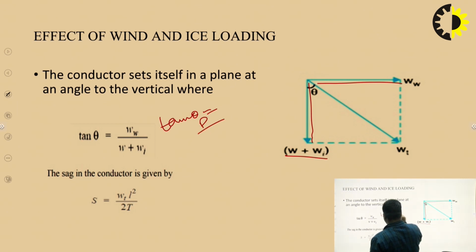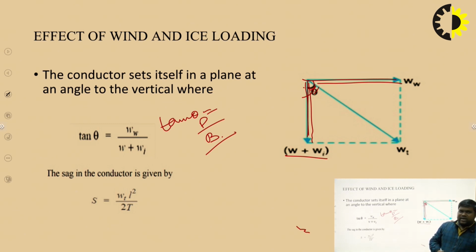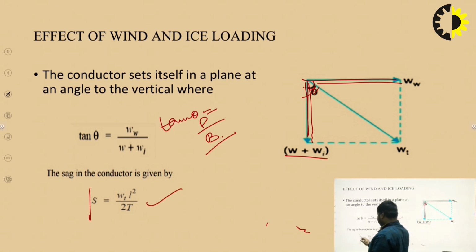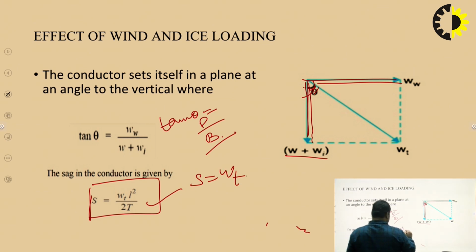This is perpendicular to the base, tan theta. So if we see there, this is theta. The sag in the conductor is given by S equal to WT L square by 2T. So this is the important formula for S equal to WT L square by 2T.